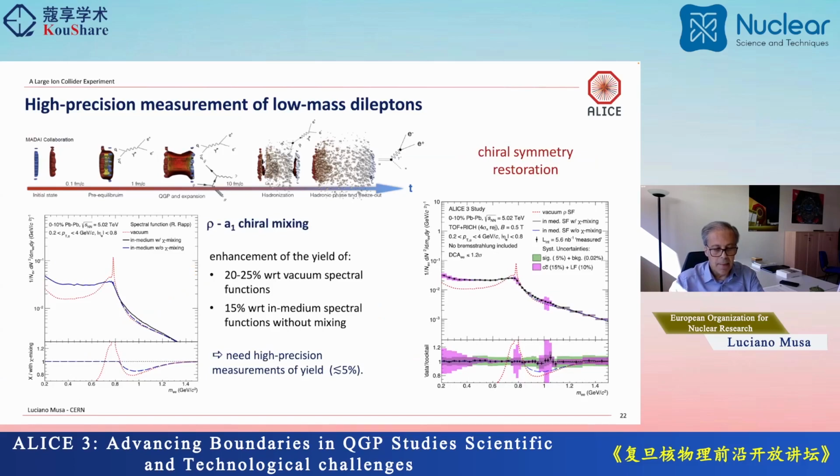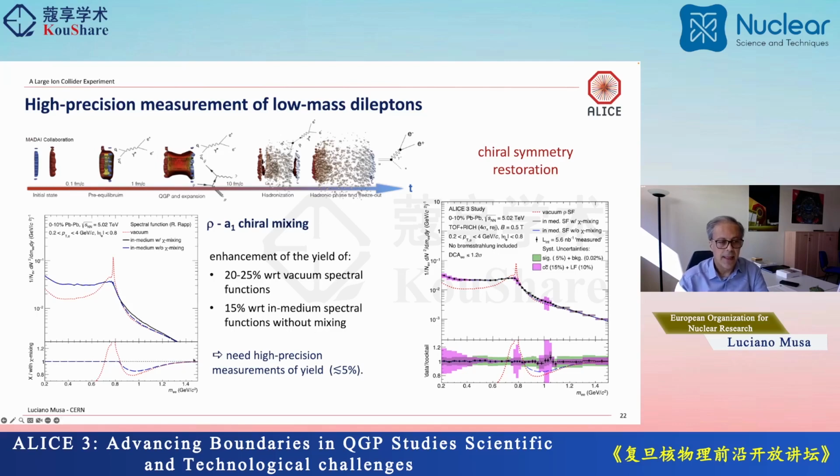Now, the dileptons can also be used to study the modification of the spectral functions of the vector and axial vector mesons, and an unambiguous way to observe chiral symmetry restoration would be to measure the chiral mixing of the rho and its chiral partner a1, and this figure shows the expected impact of the rho-a1 mixing on the thermal dilepton spectrum at the LHC energies.